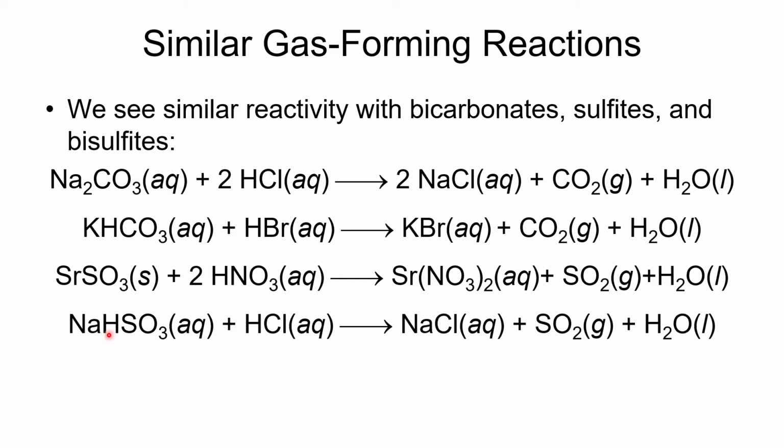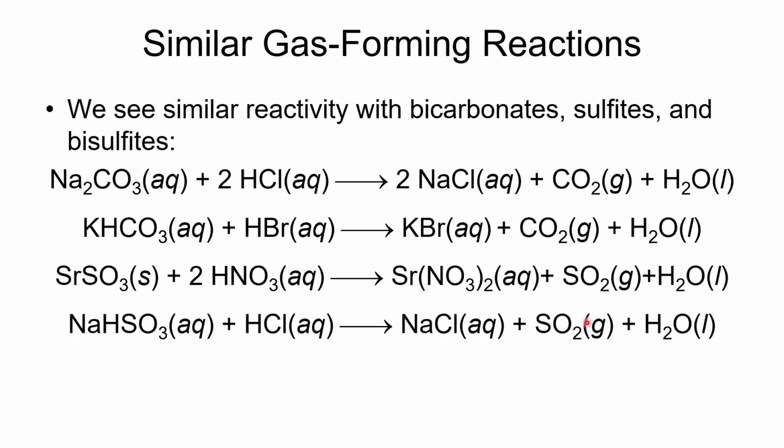All right. In a similar fashion, if you take a bisulfite and you treat it with acid, you will get sodium chloride, and you'll get sulfur dioxide and water. So if you've got carbonate or bicarbonate, you'll get carbon dioxide. If you've got sulfite or bisulfite, you'll get sulfur dioxide.